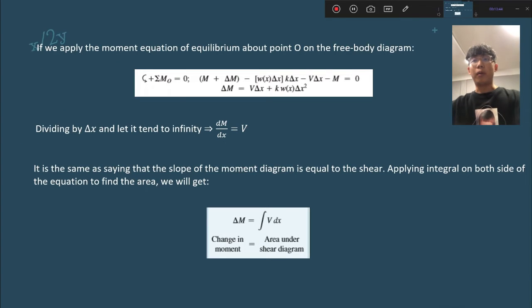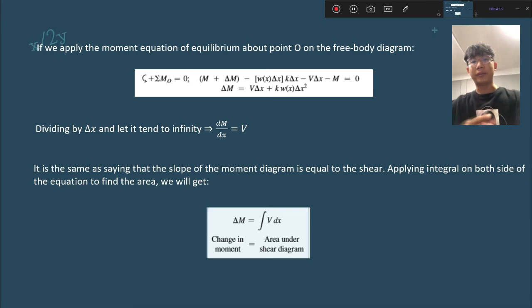So if we apply the moment equation of equilibrium about point O on the free body diagram, we would find something similar to V, but this one would be a different formula. So it would be delta M is equal to V delta x plus, this time it's plus, K W of x, function of x, times delta x squared, the distance squared, plus, it's not minus, it's plus.